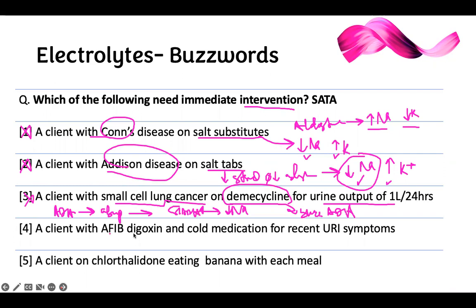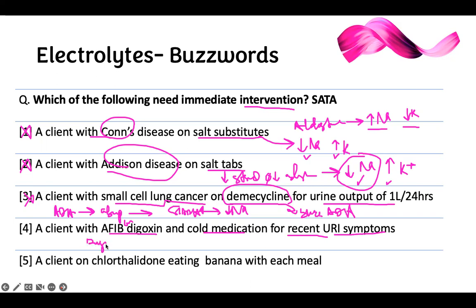A client with AFib on digoxin and cold medication for recent URI symptoms. So he's taking cold medication for URI symptoms, but he also has AFib and digoxin. Then you say, what is the combination? What am I trying to say?